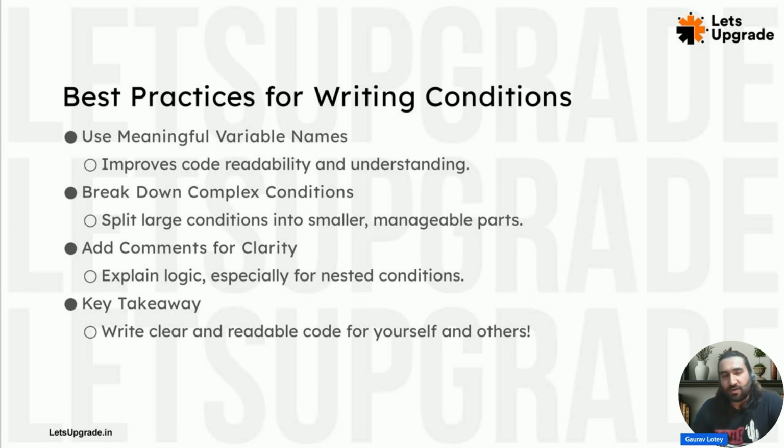Now, before we move on, here are some best practices that one must follow while writing conditions. We should always make sure that the variable names that we use are self-explanatory. As you might have seen, I chose variable names such as score or membership status or purchase amount. Just by reading the name of these variables, they are self-explanatory to anyone, even someone who is alien to this code.